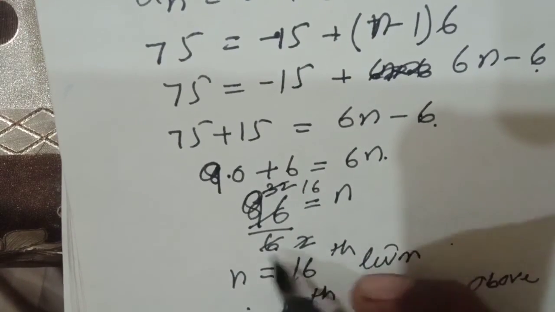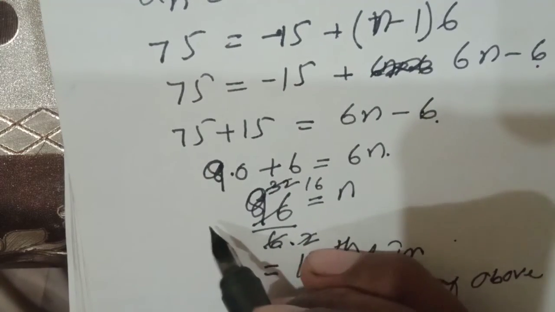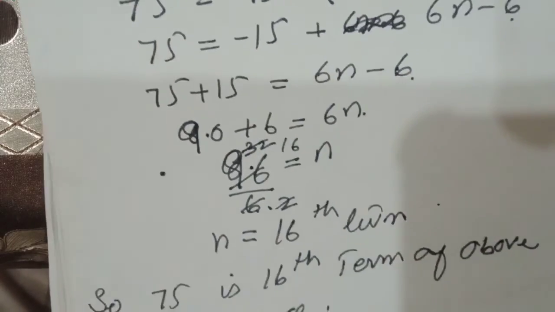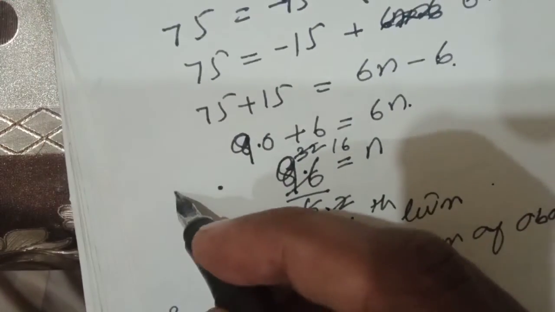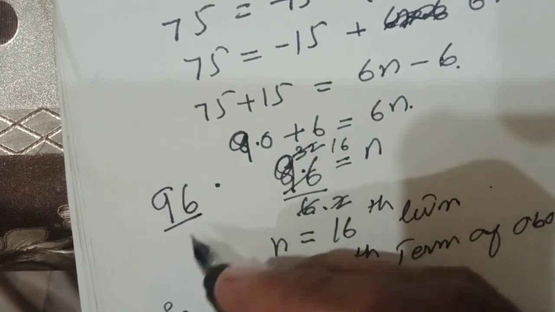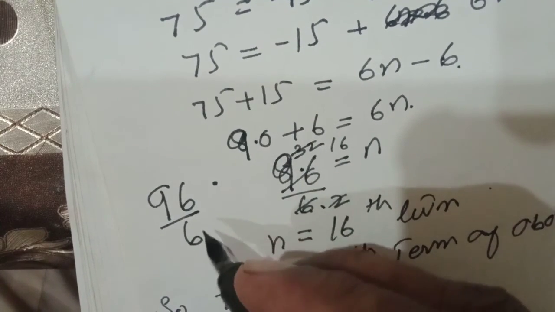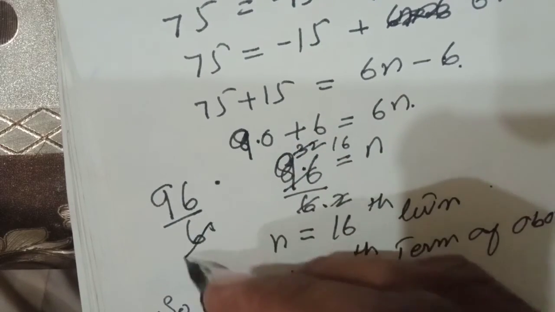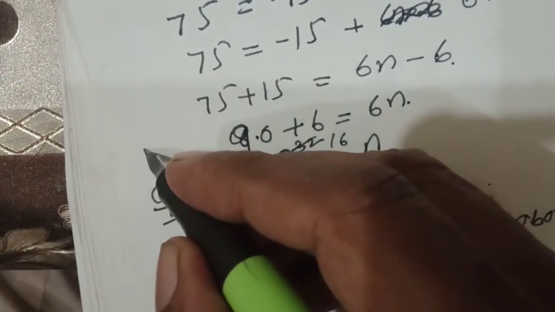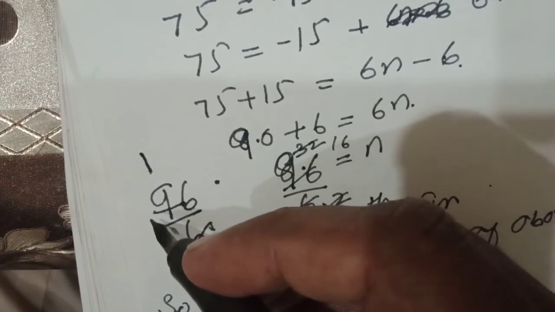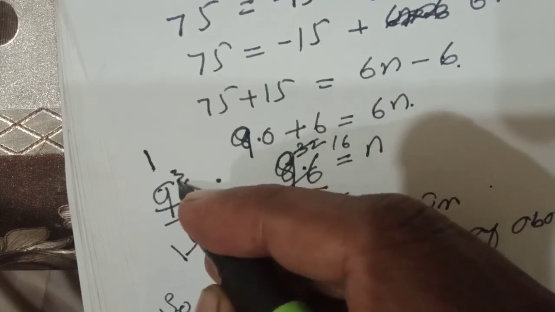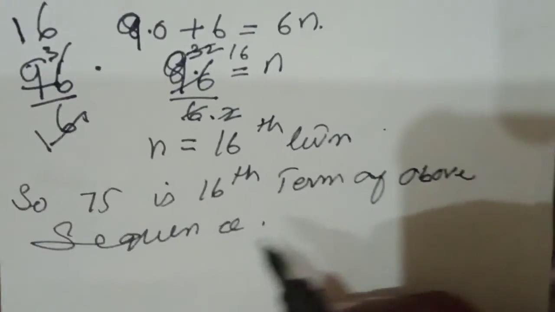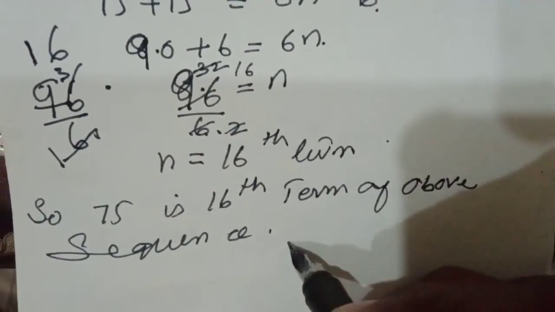Now dividing it, 96 upon 6, you can cancel by the 6 table: 6 1s are 6, 6 6s are 36, and you get the 16th term. So 75 is the 16th term of the above sequence.